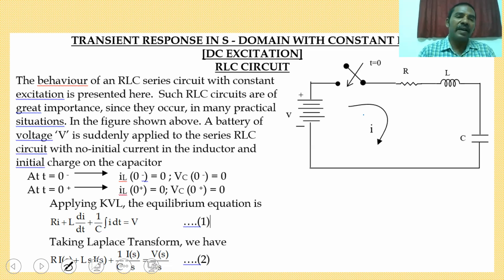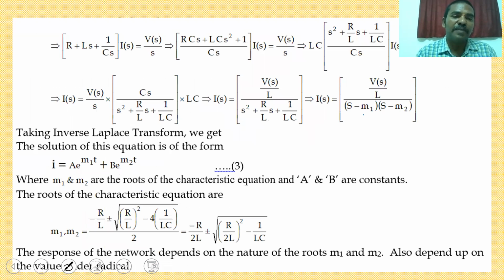So R plus Ls plus 1 by Cs into I of s is equal to V of s by s. I am taking Cs as the LCM. So RCs plus LCs square plus 1 divided by Cs into I of s is equal to V of s by s. Then taking LC as common, s square plus R by L into s plus 1 by LC, divided by Cs, into I of s is equal to V of s by s.